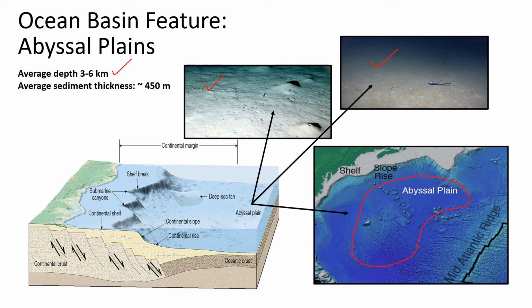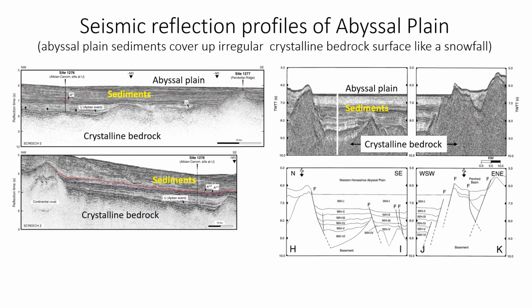And we know from drill cores and other data sets that the average thickness of abyssal plain sediments is on the order of 450 meters or so. It's possible to bounce seismic waves from the sea floor through these abyssal plain sediments and back up to the surface.